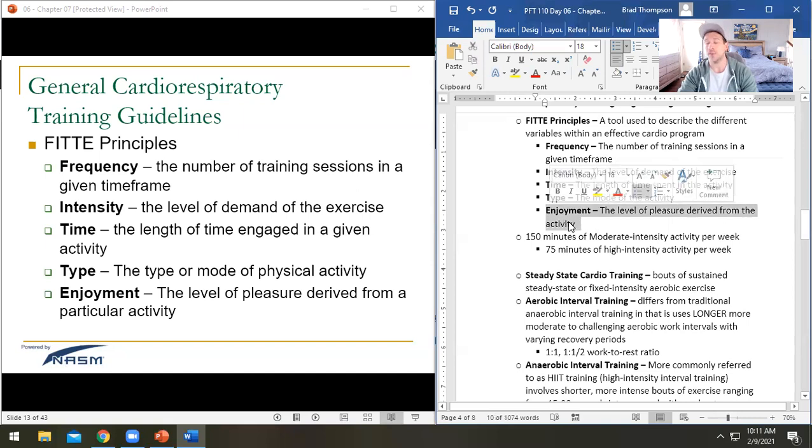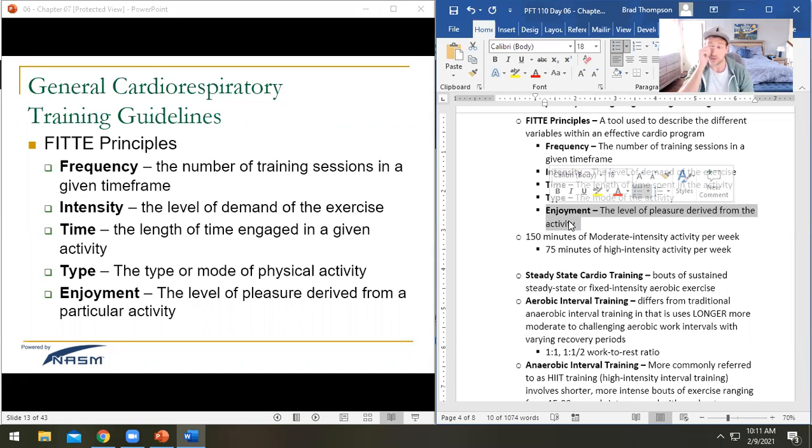And then there is enjoyment. And here's where all this stuff that we've been talking about today really shines. This stuff is fun, and fun is a great way to get people to come back and continually work out. I will always take fun over physiologically perfect any day of the week. I will choose a fun workout for my clients, even if I know that it is not necessarily as physiologically effective as something else.